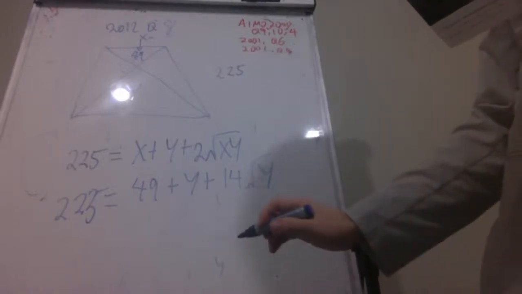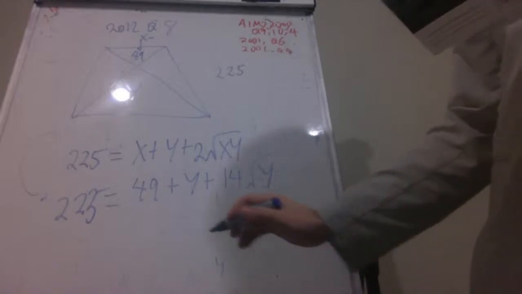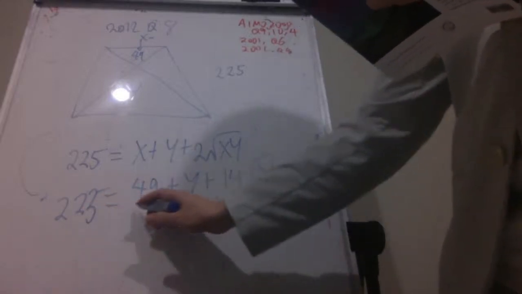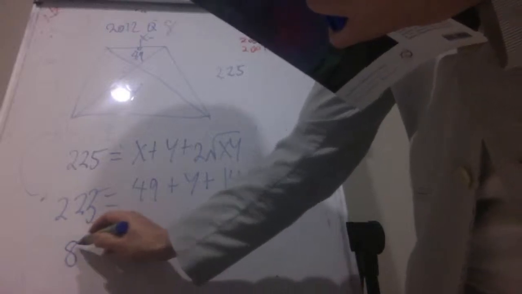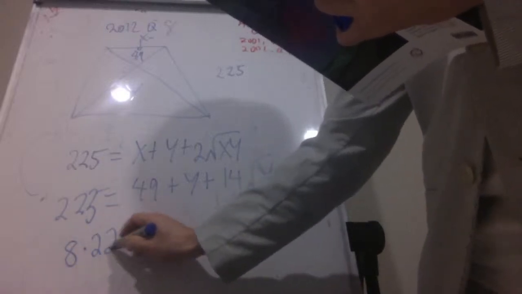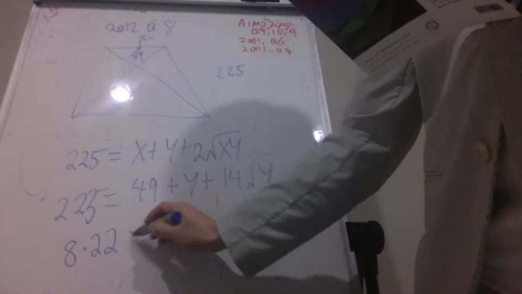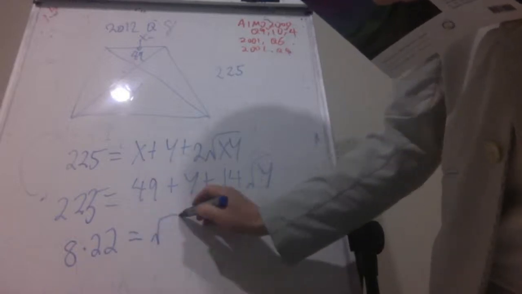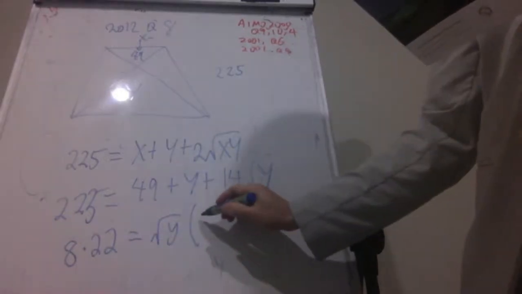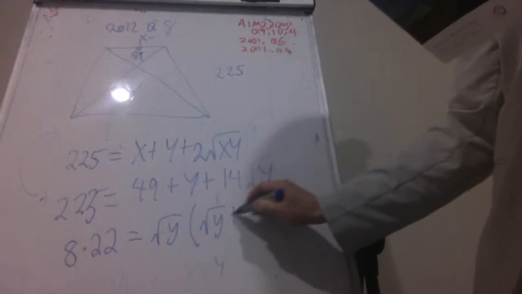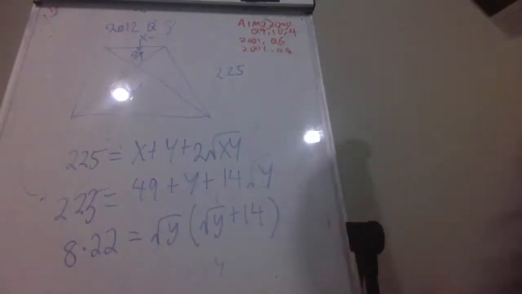And was this easy to do? Yeah. What's 225 minus 49? That's 15 squared minus 7 squared, right? That's 8 times 22, which equals root Y outside of root Y plus 14. So you substitute square numbers, since Y is to be a square number.